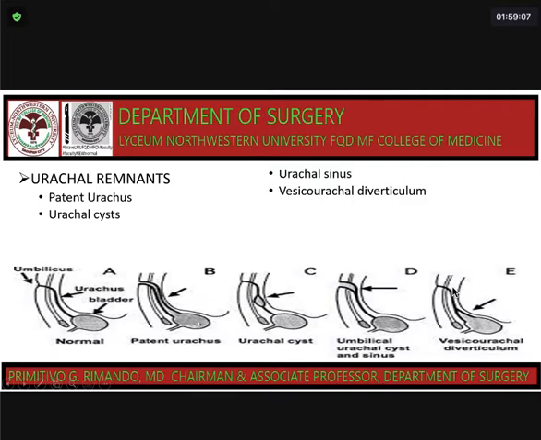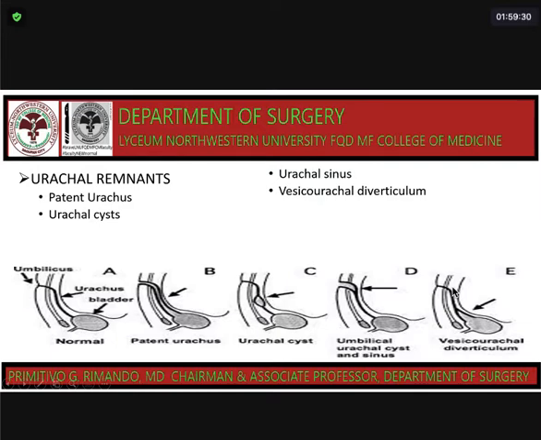But if it remains patent, just like your enterocutaneous fistula, this is called your patent urachus. So your parents will bring a patient: doc, my baby is urinating in his umbilicus. Or you can have a cyst.